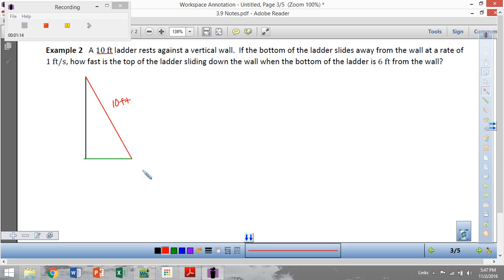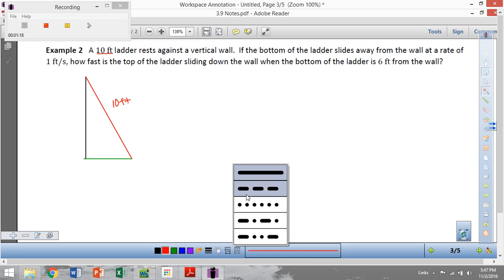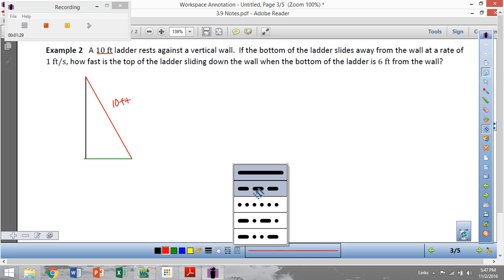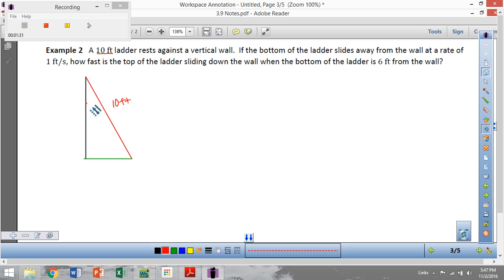So I'll just make this a dashed line. This ladder is going to move to where it's now down here somewhere, where this ladder is still 10 feet, because it's sliding out this way.